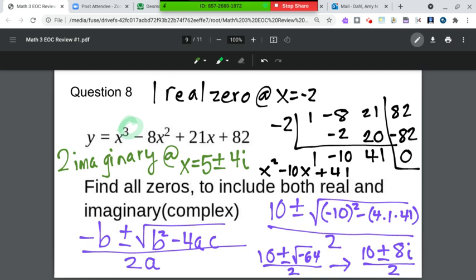I got my 1 real by looking where the cubic polynomial crossed the x-axis. I got my 2 imaginary by using the quadratic formula and finding the imaginary roots. How did I know the other 2 were imaginary? It only crossed the x-axis once. Any questions?